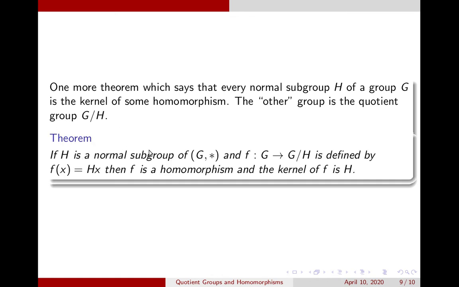If H is a normal subgroup of G, then the function f from G into the quotient group G over H, defined by f of x equals the right coset determined by x, is a homomorphism, and the kernel of f is H.